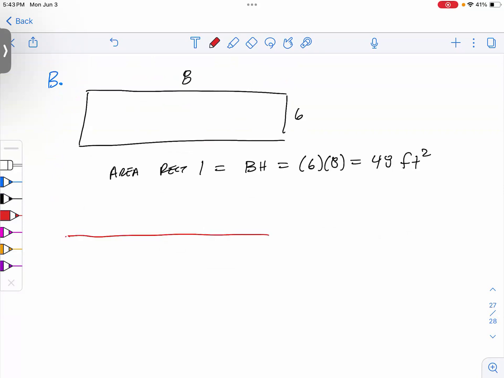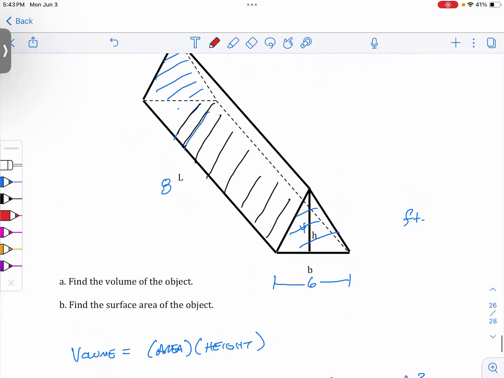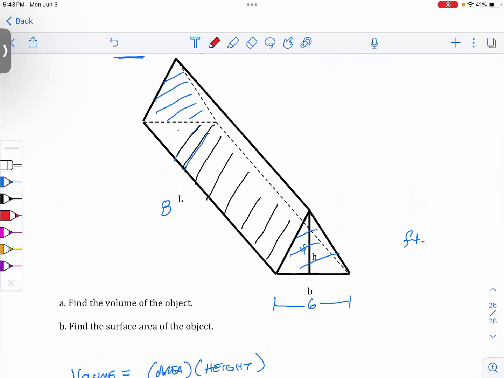Those other rectangles might be more complicated, so let's take a look. Once again, my picture is getting all messed up now. So this rectangle here still has a length of 8 feet.